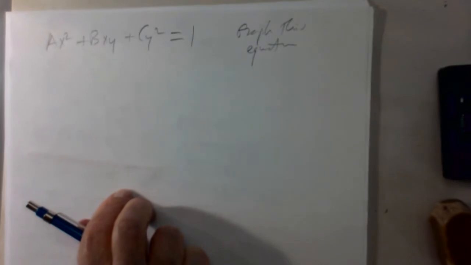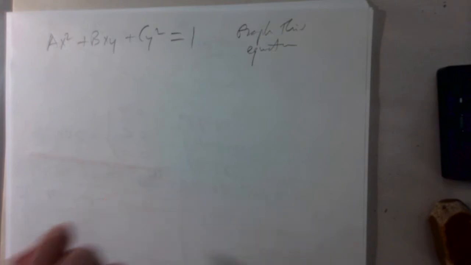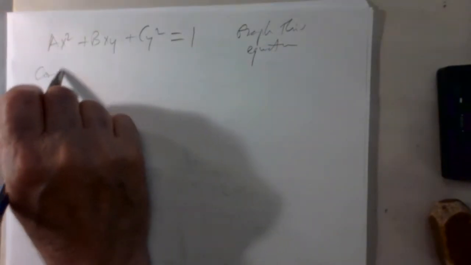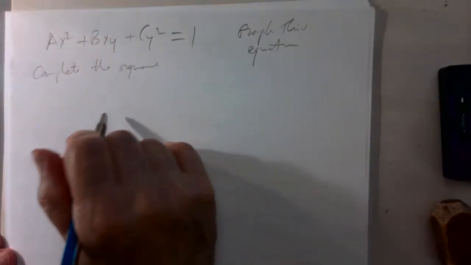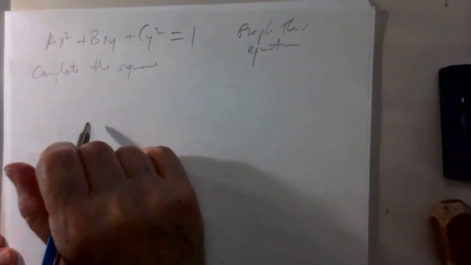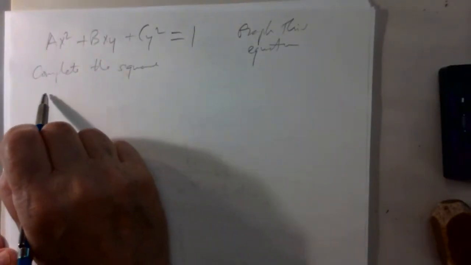One thing you might do to make it a little bit easier is to complete the square. So if you complete the square, I could multiply through by a.